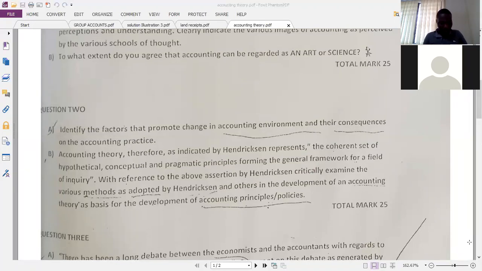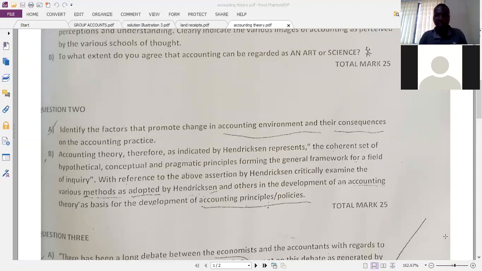Included in the theory is the fact that there is a total conflict of interest between the owners of a firm and management, in the view that each one of them desires maximum benefit at the expense of each other.